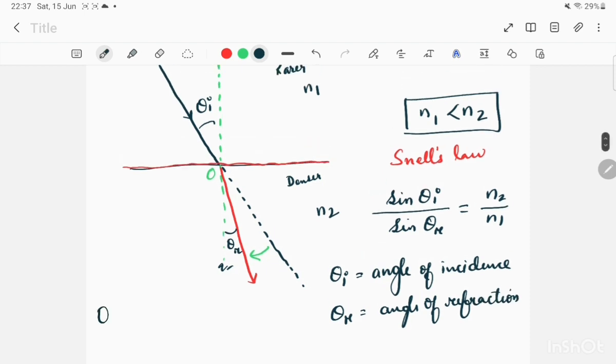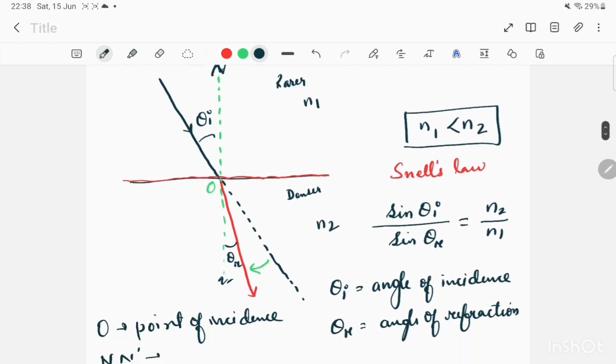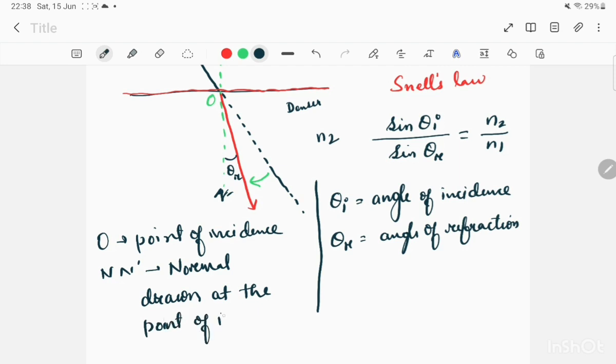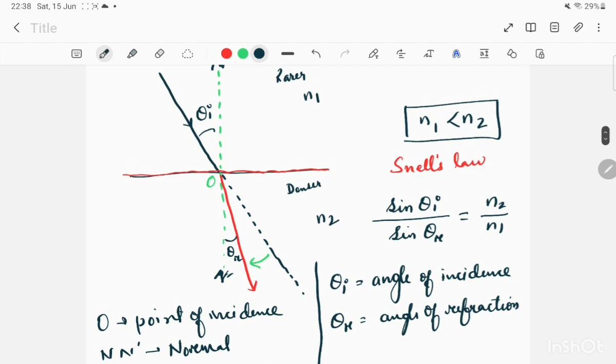O is the point of incidence, and this is our N, this is our N dash, is the normal drawn at the point of incidence. So this is a situation for rarer to denser medium transition.